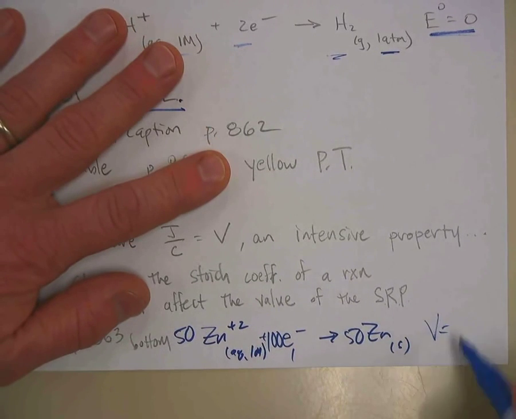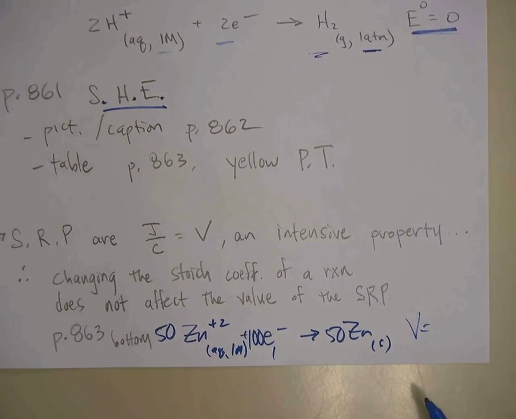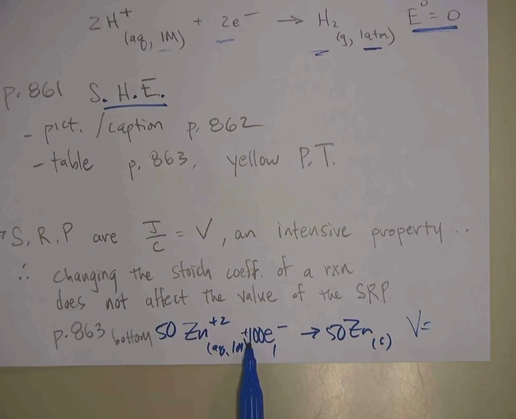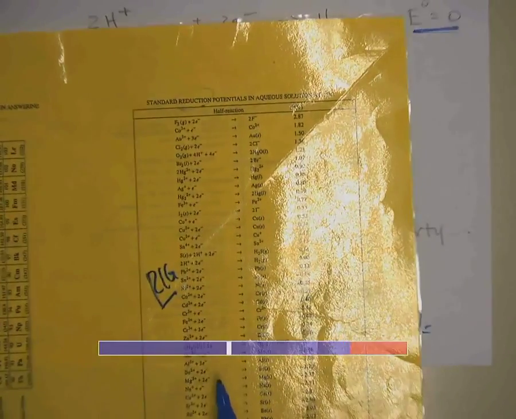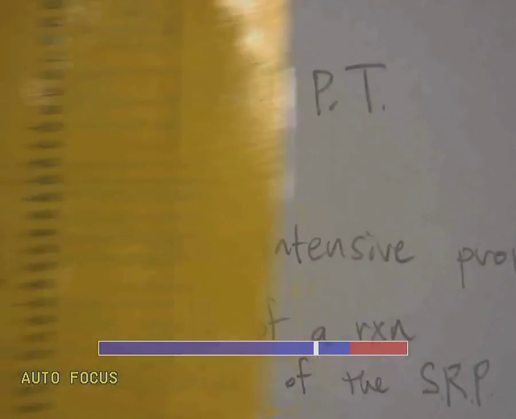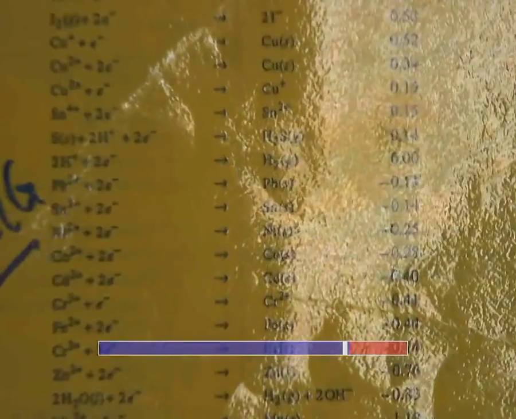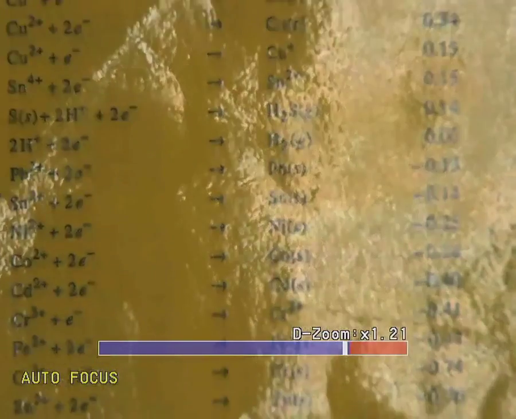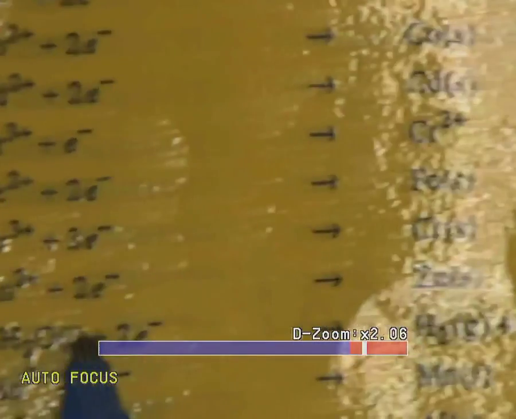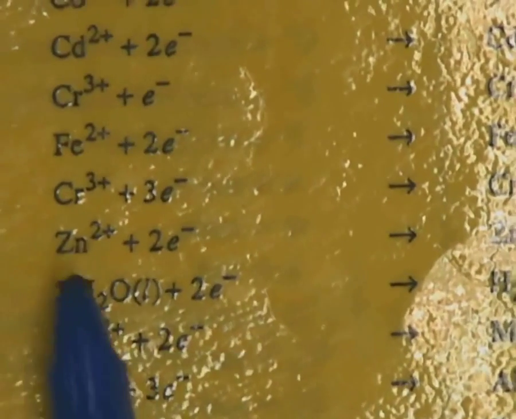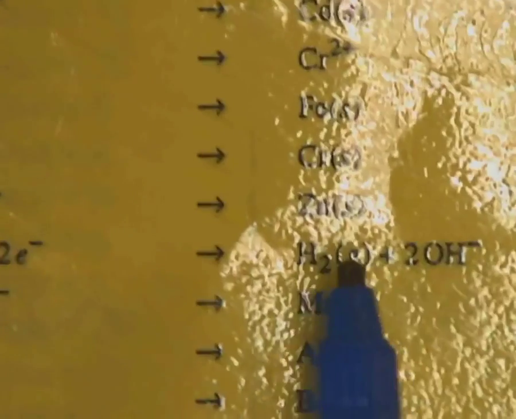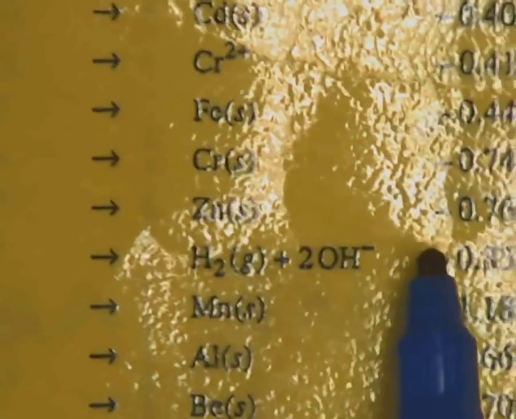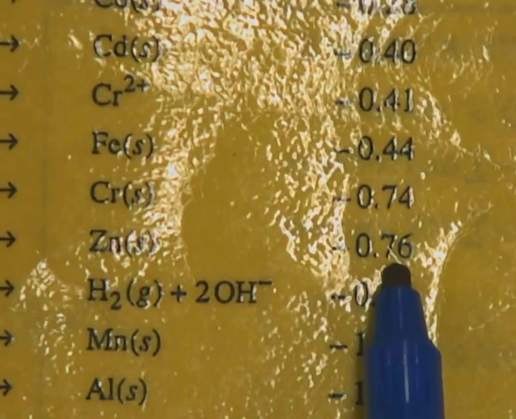But the voltage for this half reaction is still the same as the voltage where there would be a 1, a 2, and a 1 right here. If we look on here, we can find the zinc half reaction that shows zinc gaining electrons. Let me see if I can zoom in on it. There we go. Zinc2+ plus 2 electrons, arrow to zinc. And if you look over here, it's got a value of negative 0.76 volts.